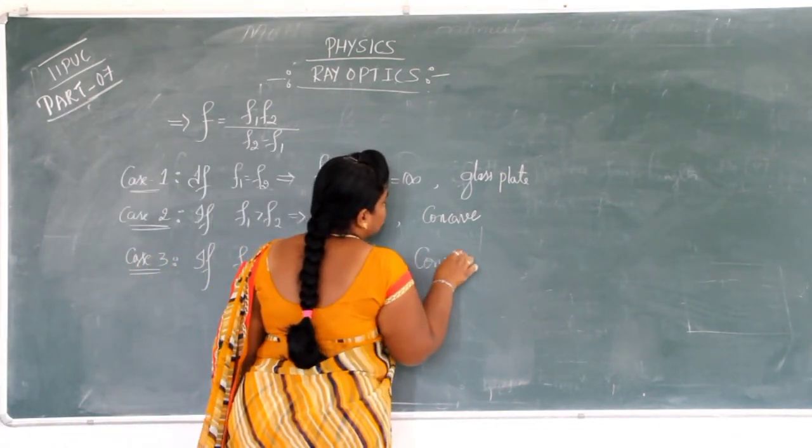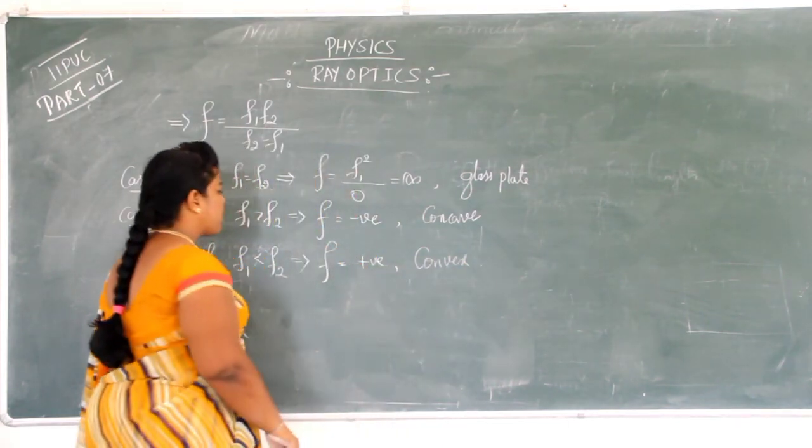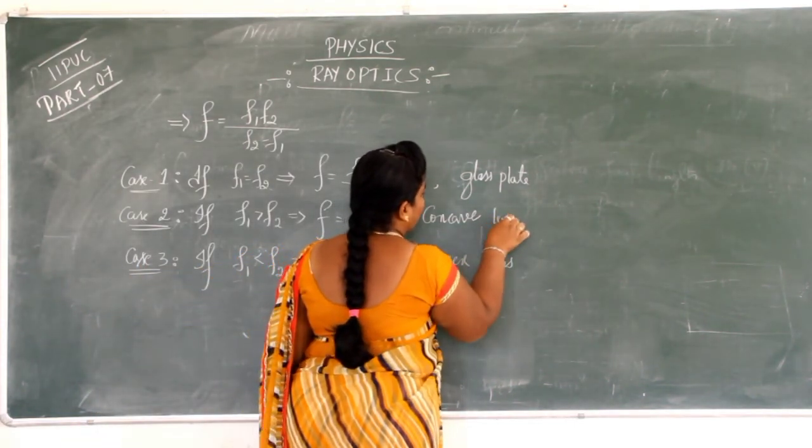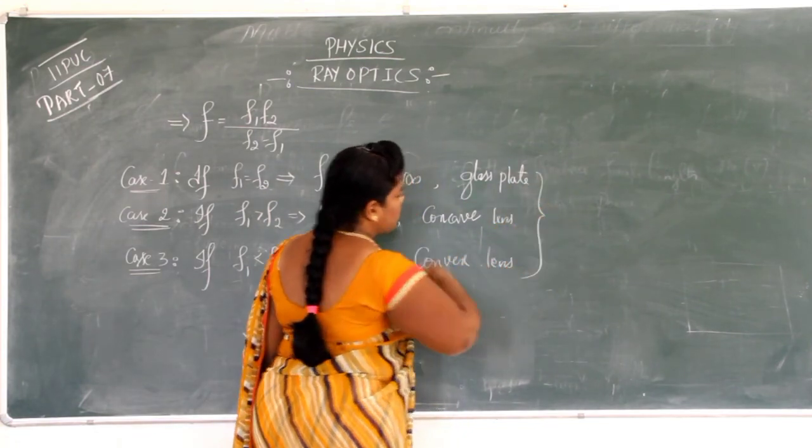When the total focal length becomes positive, the combination acts as a convex lens.